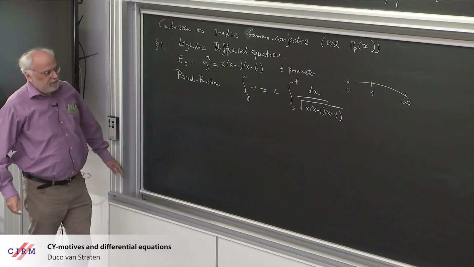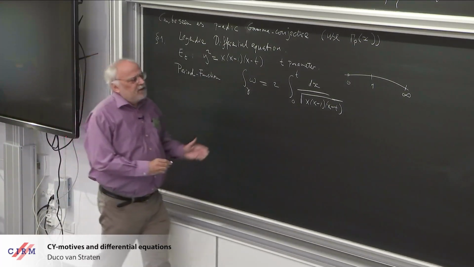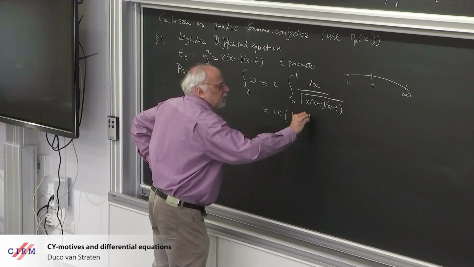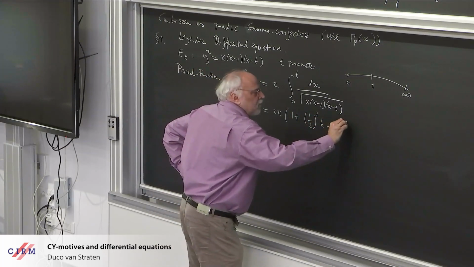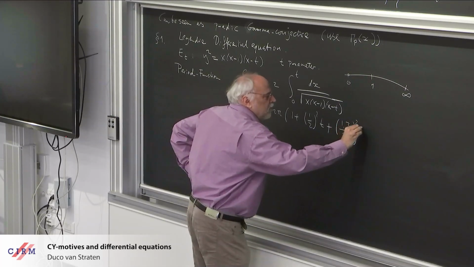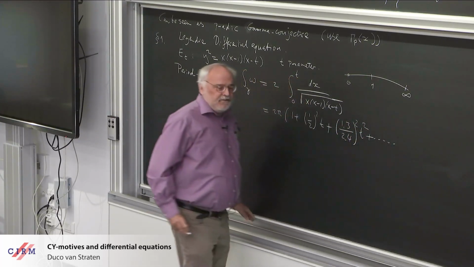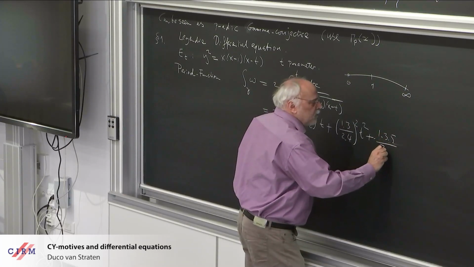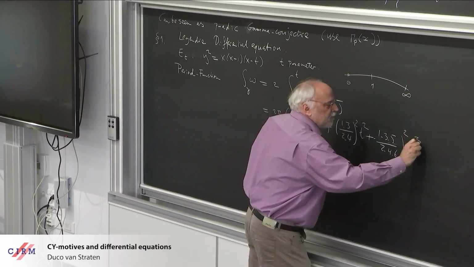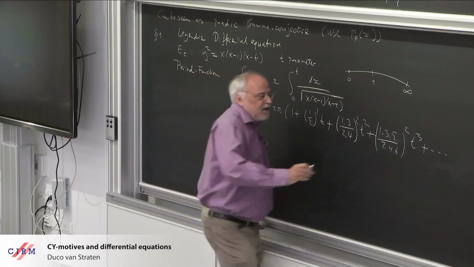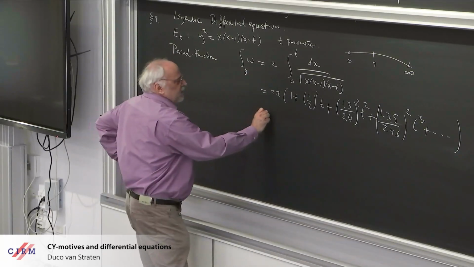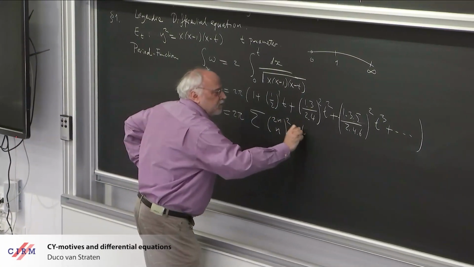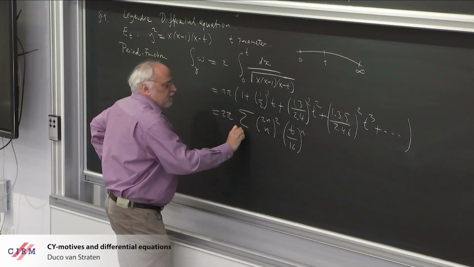This is just the period of the Legendre differential equation, and if you expand this in a series and compute, you will find the following nice series, with one term more, like this, which can also be written as 2π times the sum of (2n choose n) squared times (t/16)^n.